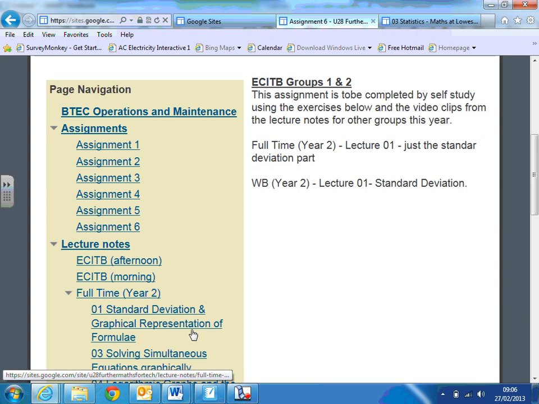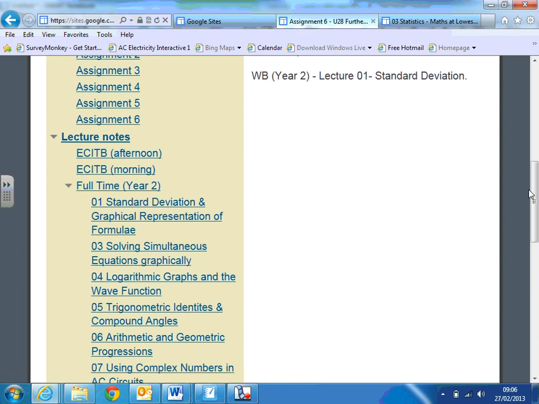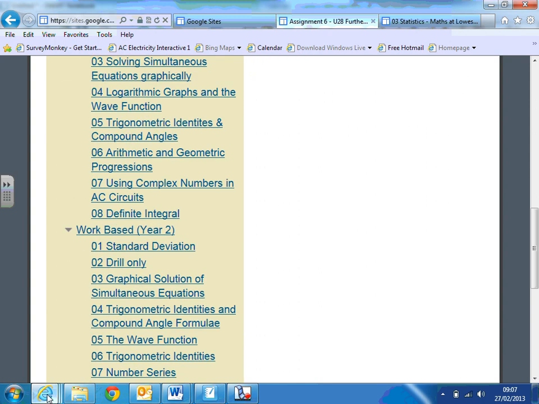The first one is the full-time Year 2 Lecture 1, just the standard deviation part. And the other one is the Work-Based Learners Year 2 Lecture 1. If you look down the left-hand side here, you'll see those lectures. So the Work-Based Learners, for example, is these ones here. So it's this lecture here on standard deviation.